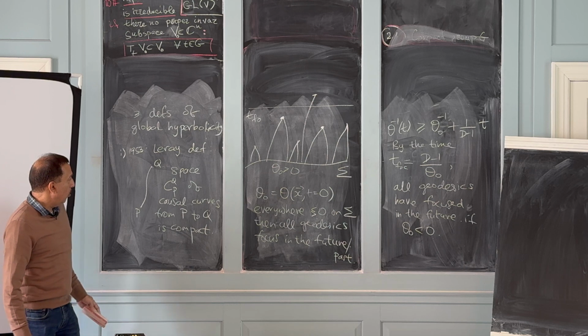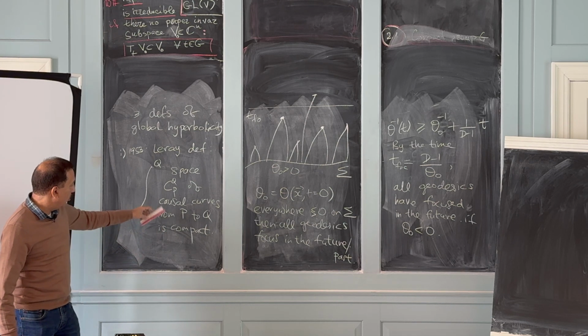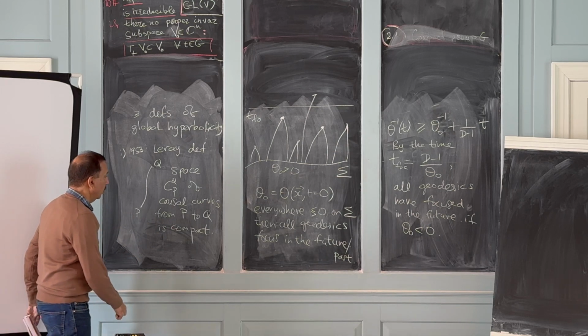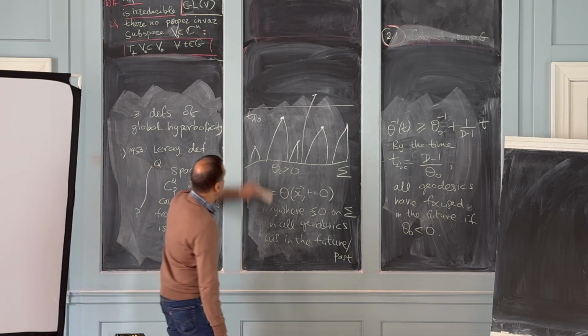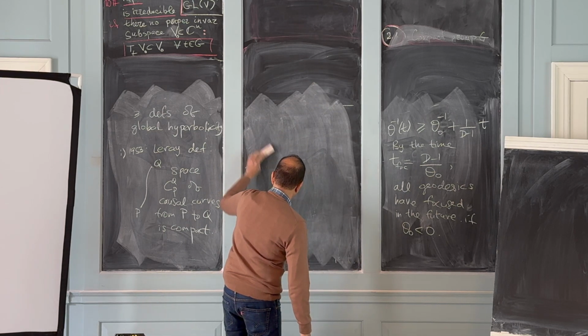Okay. Now there's something appealing about this, because the space of causal curves being compact as a consequence, I mean, what does it really mean? Why did he even get there?